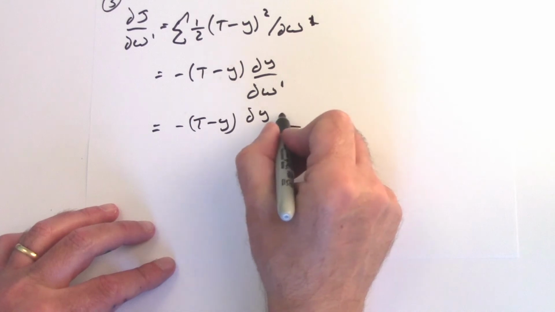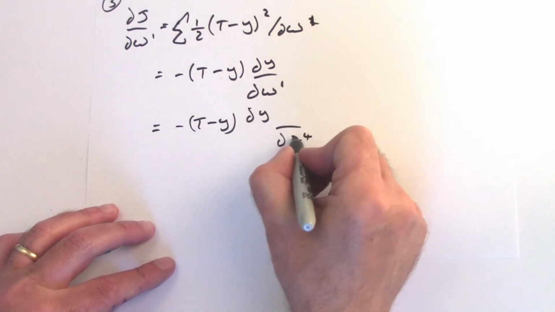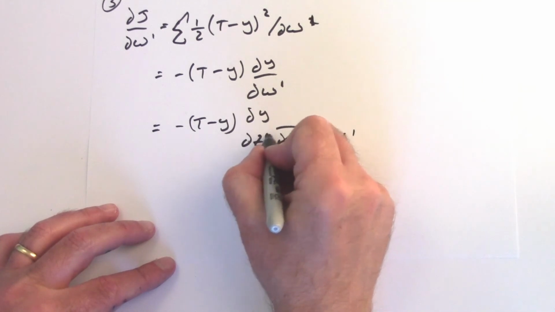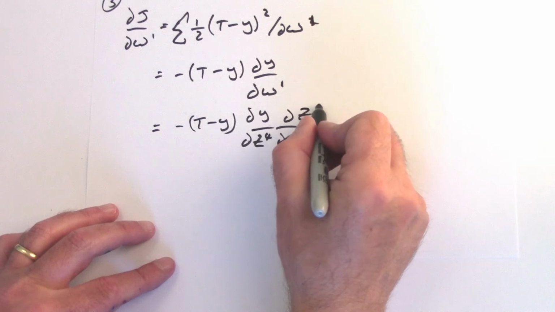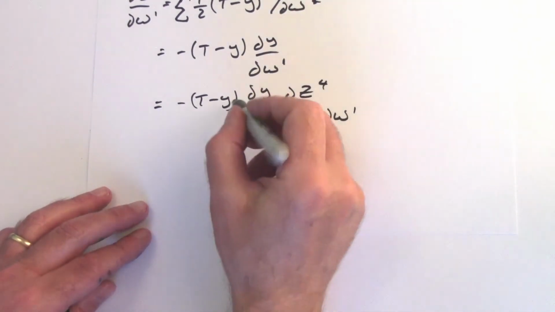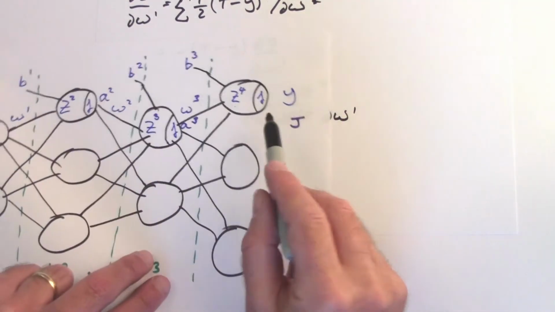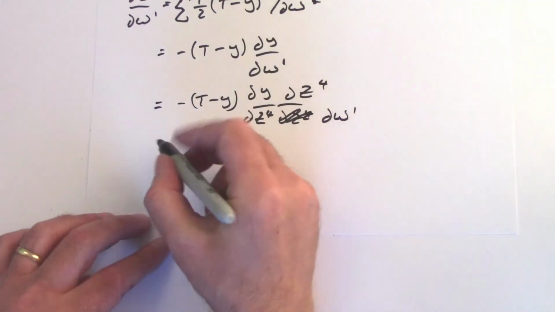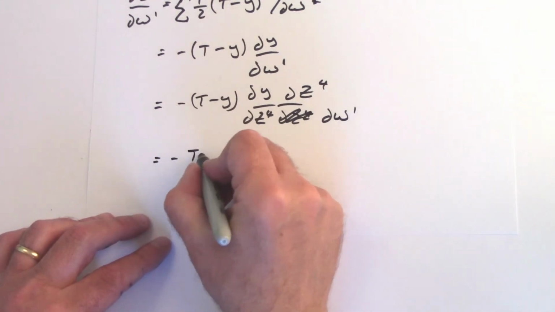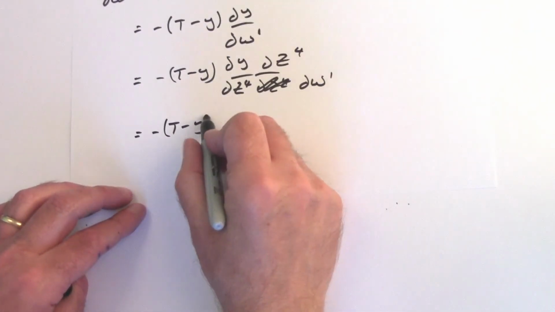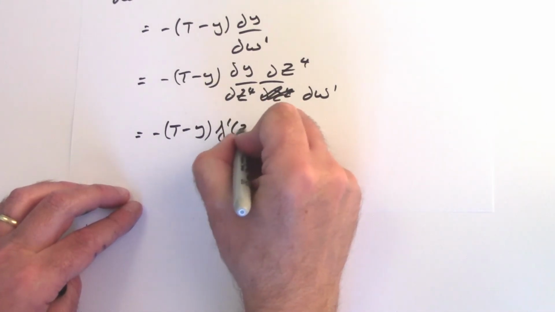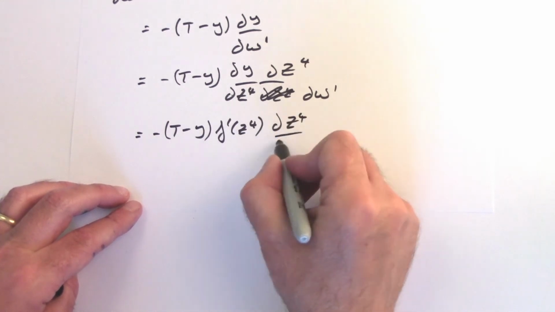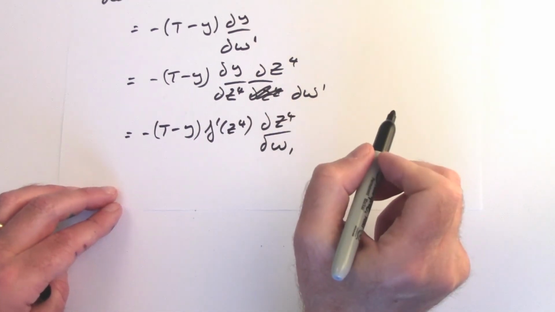And as we said, dy by dz4, the differential of the activation function, equals minus t minus y function z4, but now we end up with a dz4 by dW1.